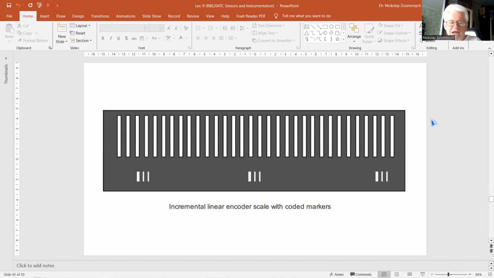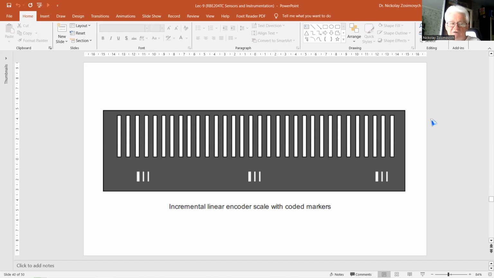And this position can nevertheless be found by counting the number of output transitions or pulses started from a certain reference position. The reference position is marked by an extra slot in the disc or scale.